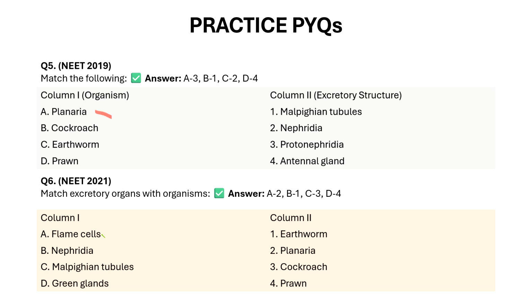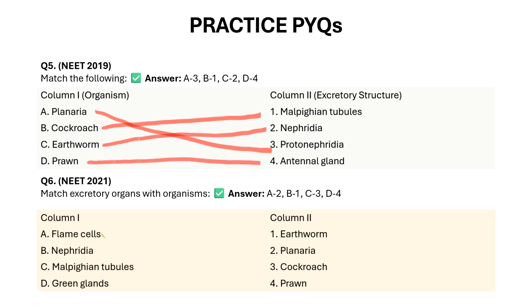So it will have what? Protonephridia. Cockroach, very important. It will have the Malpighian tubules. And then we have earthworm. Earthworm or other annelids will have Nephridia in them. And what about the prawn? Prawn will have the antennal glands.